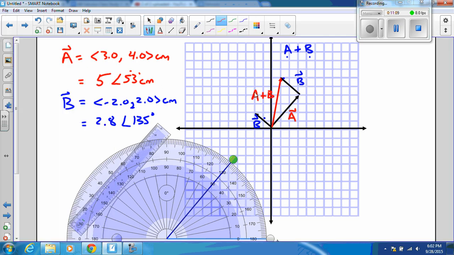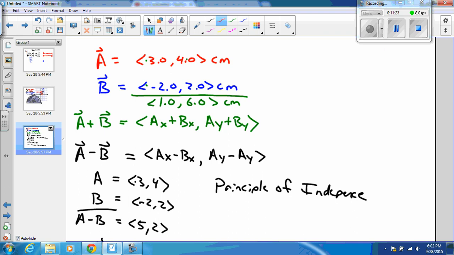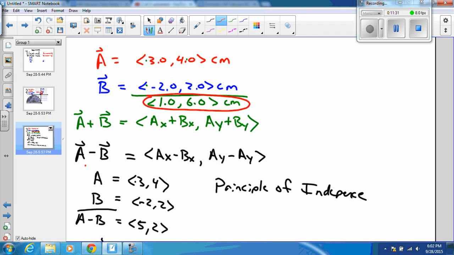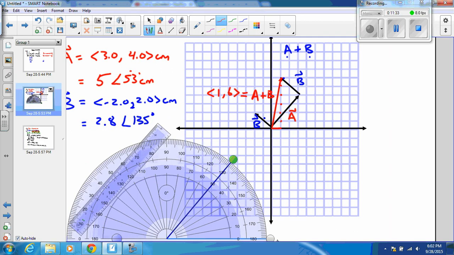And this new vector is the vector A plus B. And when I count its rectangular components, look at this. It's over 1, and it is up 1, 2, 3, 4, 5, 6. It is exactly equal to the vector A plus B that we got by adding the components in the previous slide there.